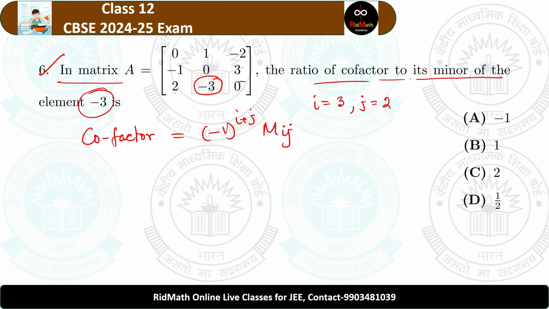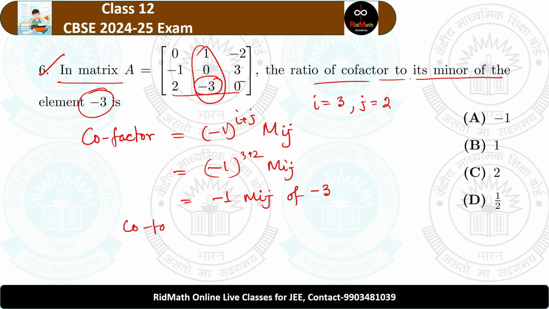So this is minus 1 whole to the power 3 plus 2 times M_ij, that is minus 1 into M_ij.